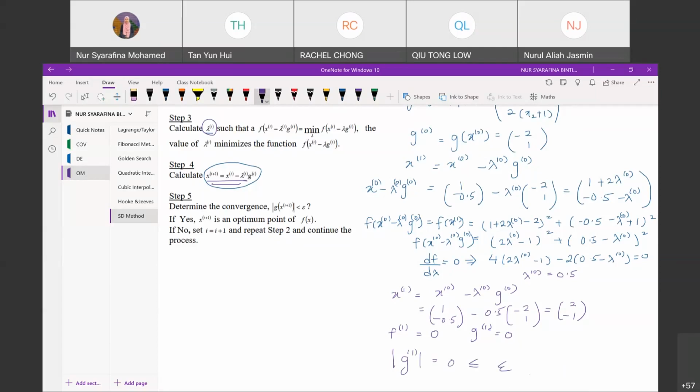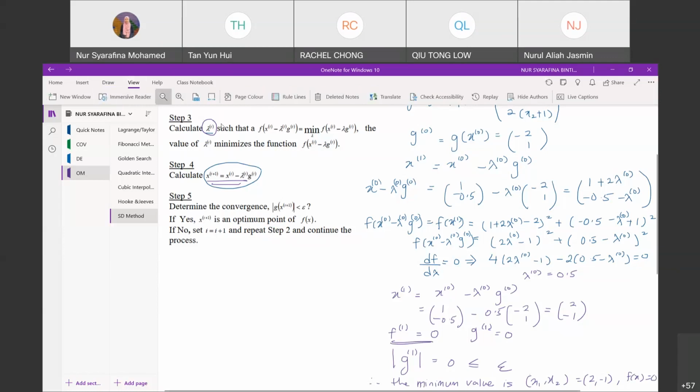So the minimum is at x1, x2 equals 2, minus 1, which gives f(x) equals 0. Why do we stop? Because we reach the stopping criterion, epsilon equals 0.